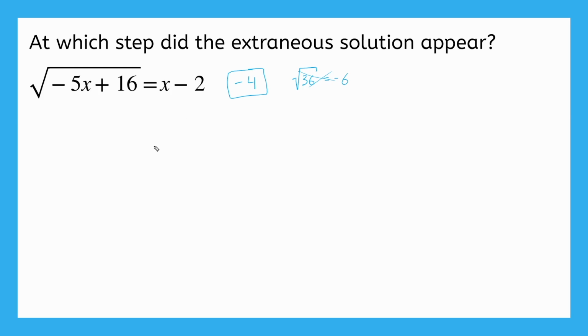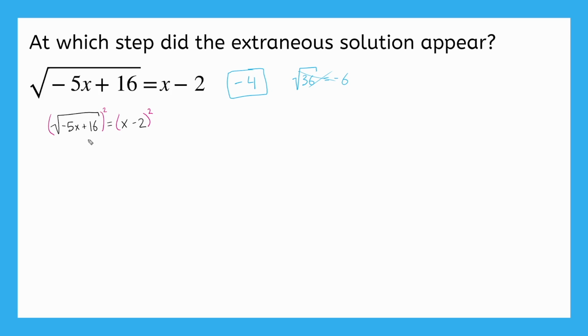But at which point did this extraneous solution start working? Let's go through the steps again. I'm going to write this down over here: negative 5x plus 16, and x minus 2. The first thing we did is take the square of both sides. So we squared both sides.